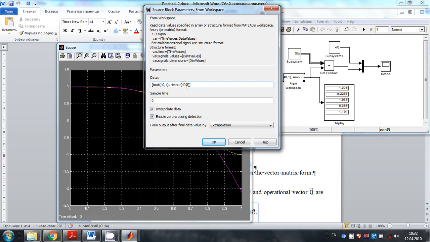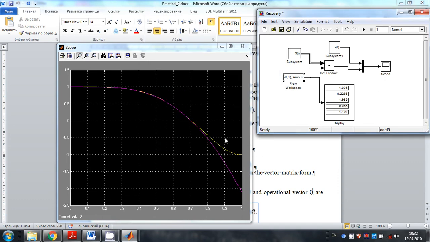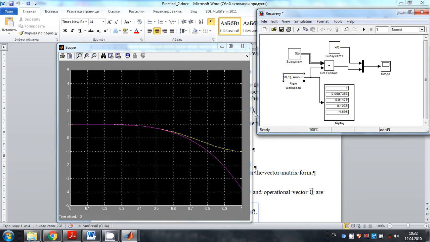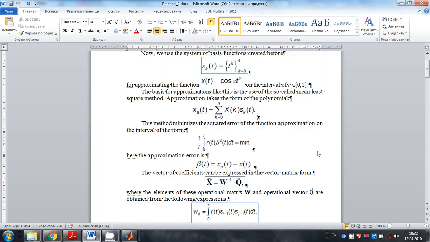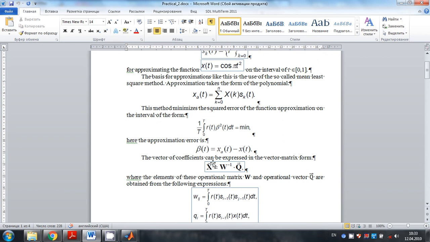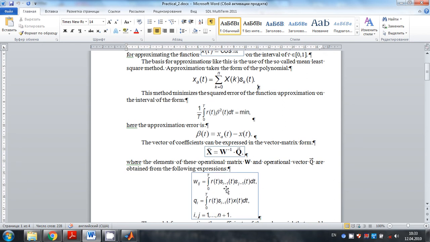We see that the error just keeps increasing, because our polynomial does not represent the whole interval. It represents only part of the interval in this integration. So instead of picking x which corresponds to the end of the interval, we picked some x's from the transient process.